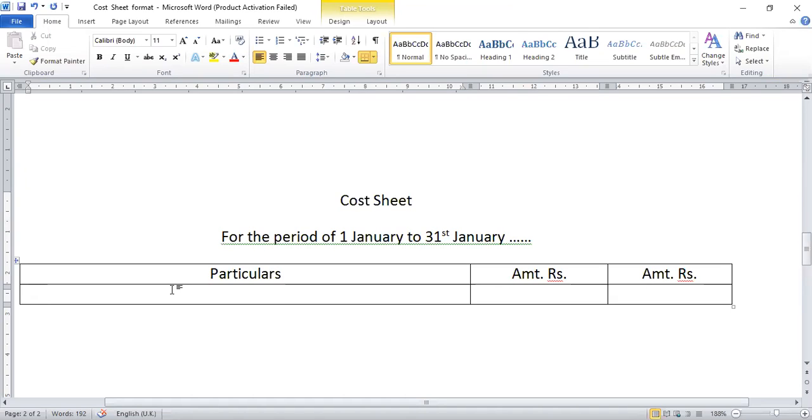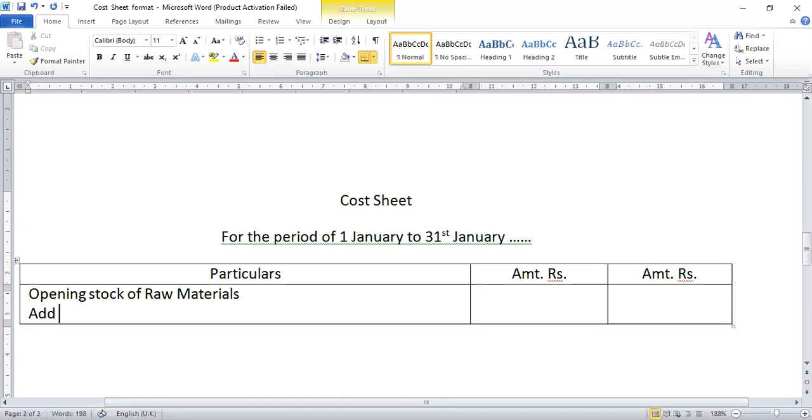So our first step will be to calculate the raw material consumed. So what will be the format of calculation of raw material consumed? Let us write the format first. Opening stock of raw materials, add purchases of raw materials. Got it? Purchases of raw materials.